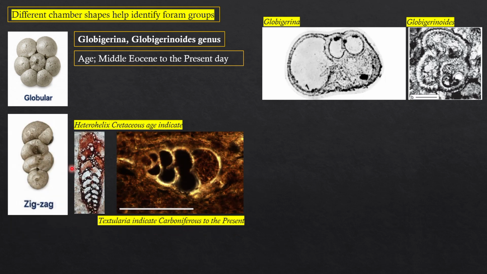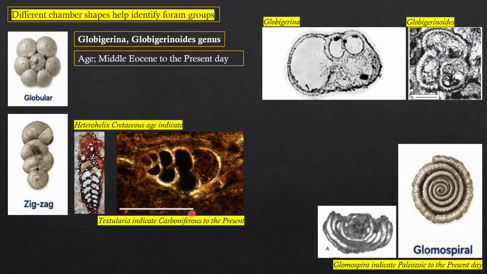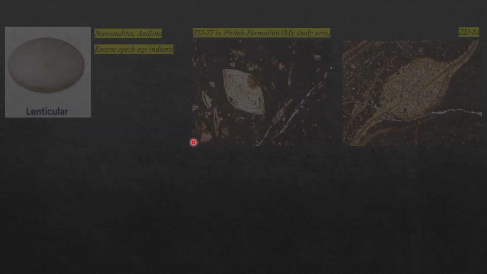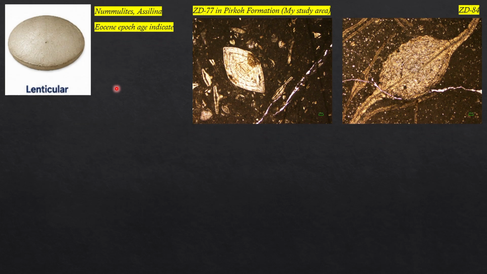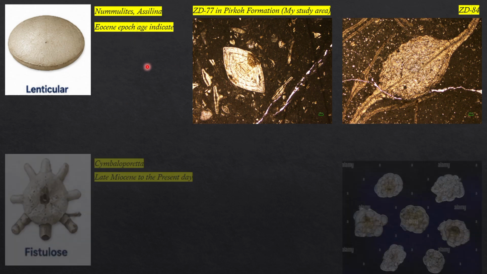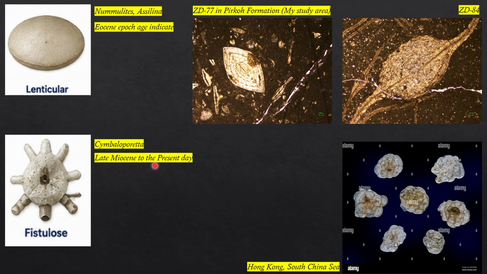Another is the heterohelix, which shows the Cretaceous age, and another is the Paleozoic age of this chamber arrangement, the glomospiral. In lenticular, in which is my study area, the Nummulites, they show the Eocene, and like late Miocene to present day.